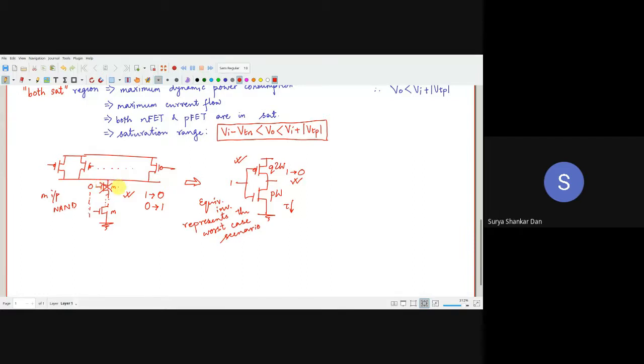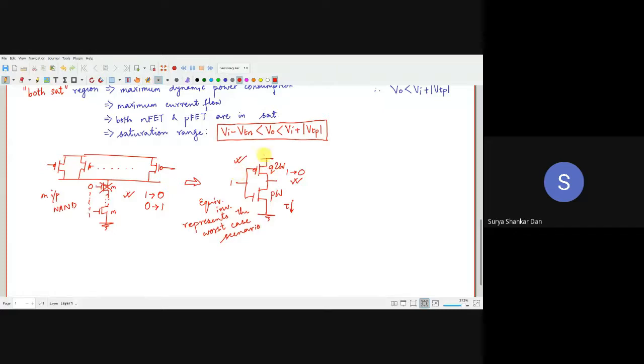Got it? So logical effort: now comes the answer to the question of why a static CMOS inverter is the basis or the reference for logical effort calculations.